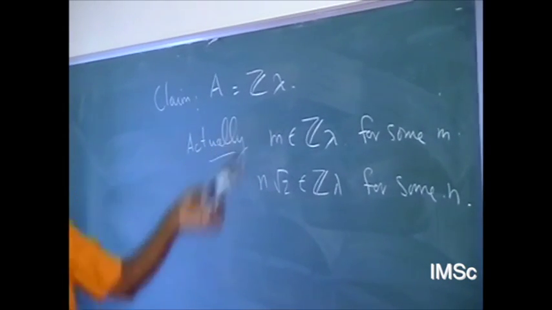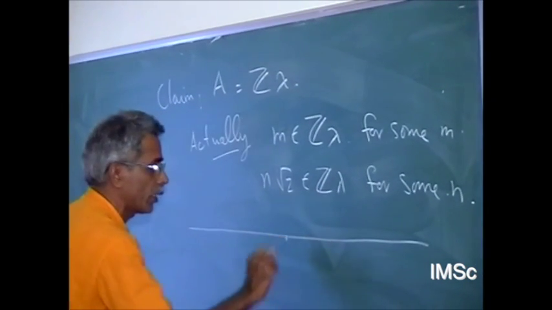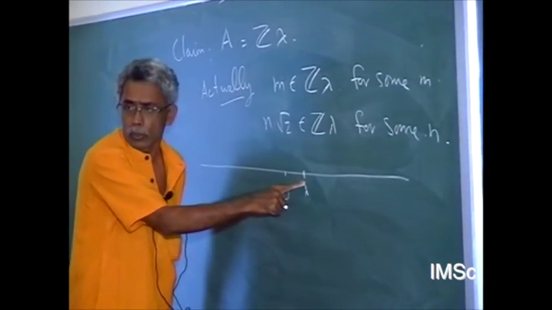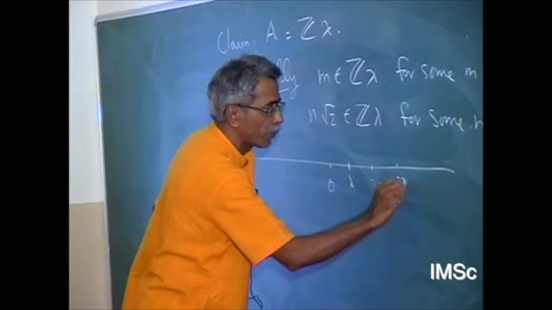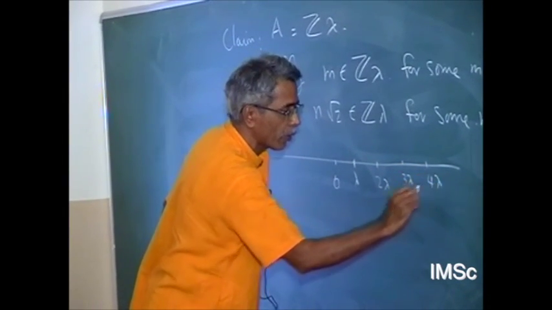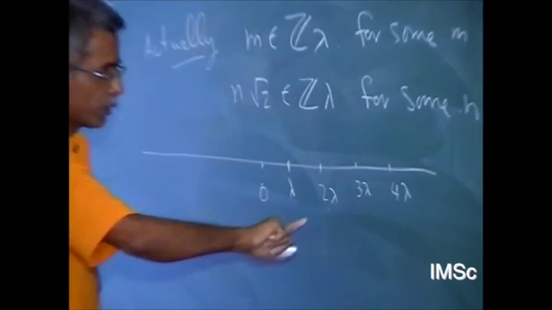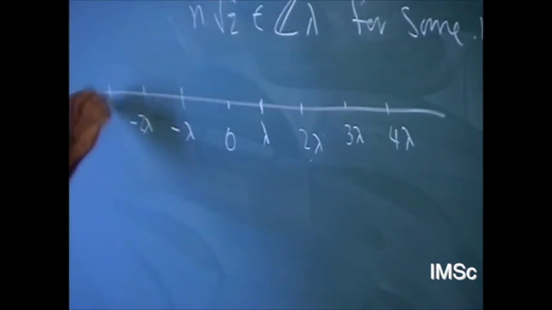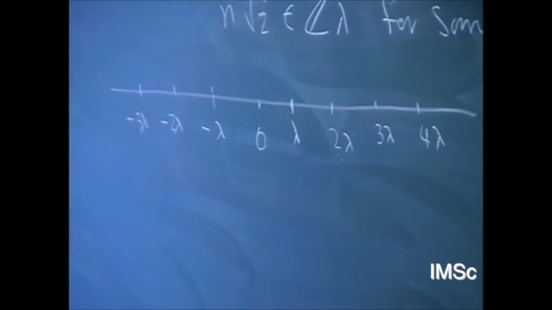These two should happen. Once you have a group structure, you can exploit that. Lambda is the closest element that we found. Now I can take 2 lambda, 3 lambda, 4 lambda. These are all in A, because lambda is in A and A is a group, so all multiples are there. So minus lambda, minus 2 lambda, all these are there.